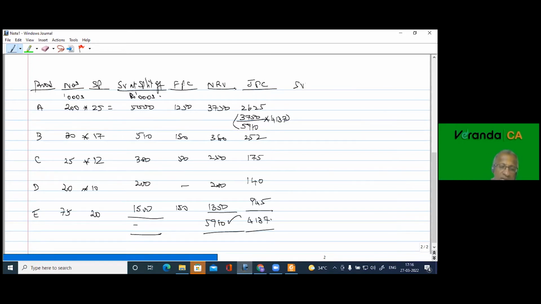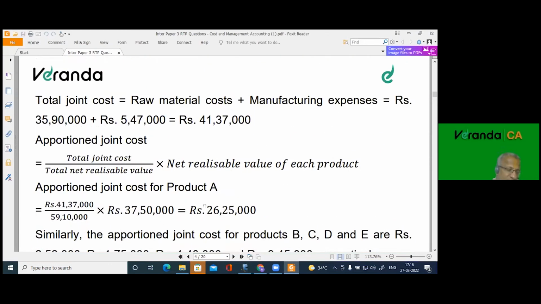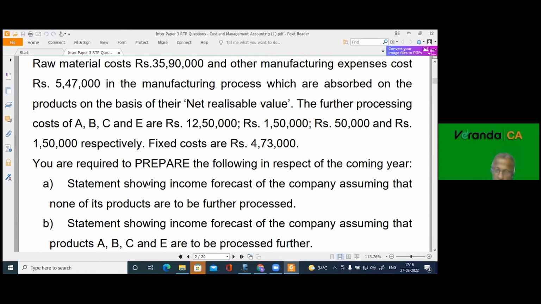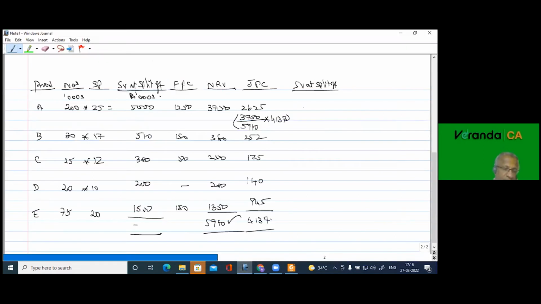Now, sale value at split off, because the first part of the question is on that only. Statement showing income forecast, assuming that none of the products are processed further. So this is only for the purpose of joint product cost portion.